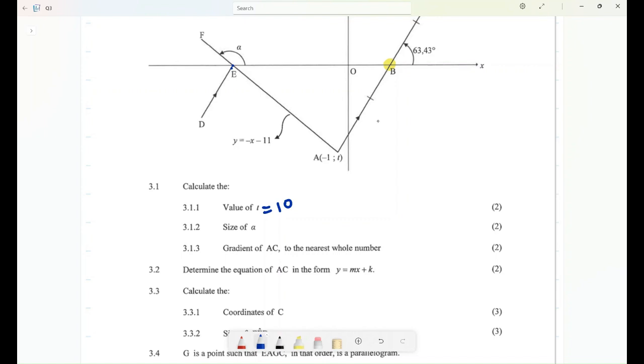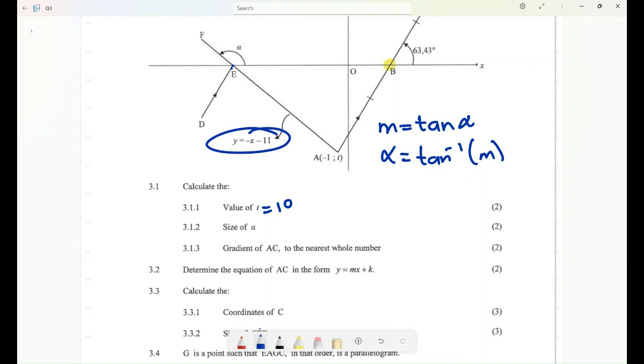So my gradient, remember, how do I find angle of inclination? Remember the formula, m is equal to tan of the angle. In this case, let's use alpha. If I want alpha, I'm going to say the inverse tan of m. Do I know the gradient here? Yes, because I'm given the equation. Remember, the equation is y equals mx plus c.